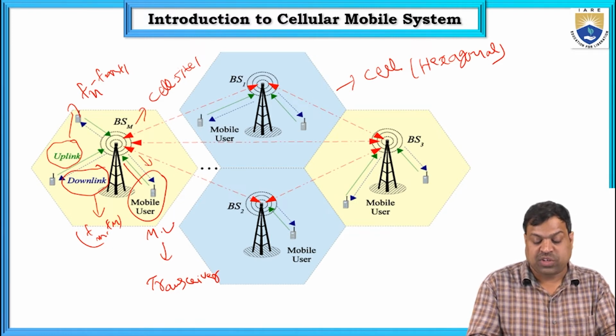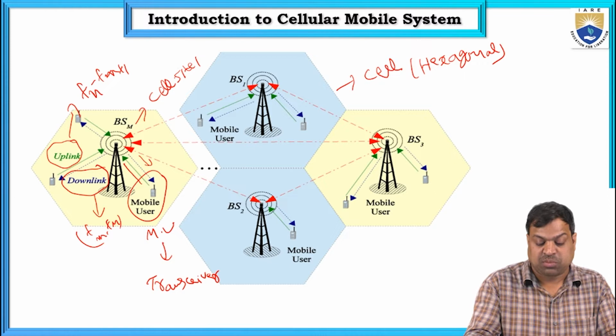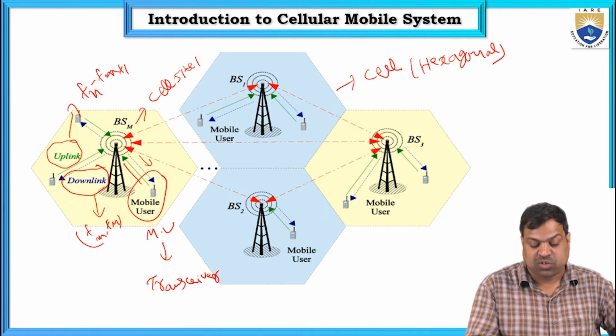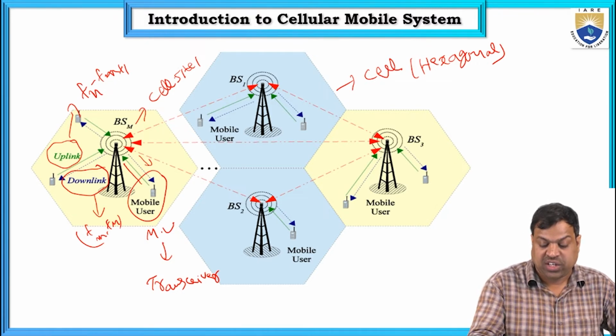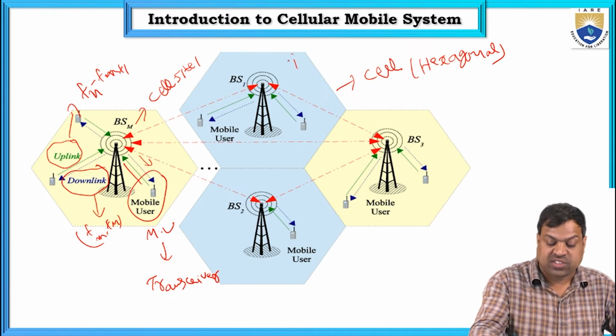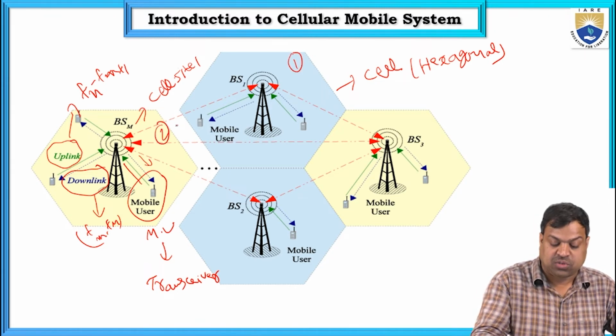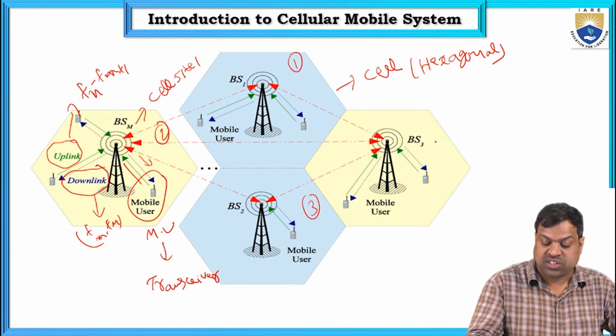First we have to look at the communication going on between the mobile unit, cell site and MTSO. Later we will discuss why we prefer hexagonal shaped cells. So here I am taking cell site 1, cell site 2, cell site 3, cell site 4.